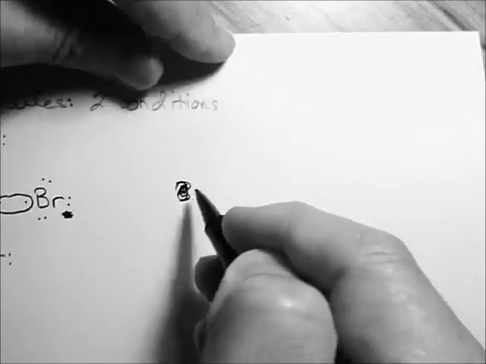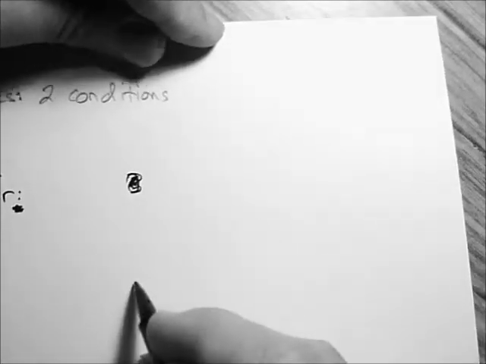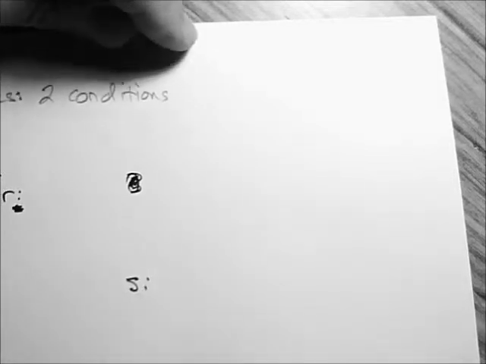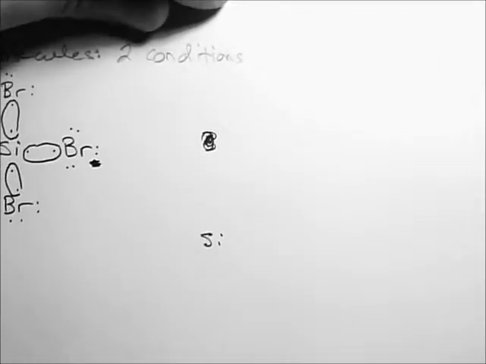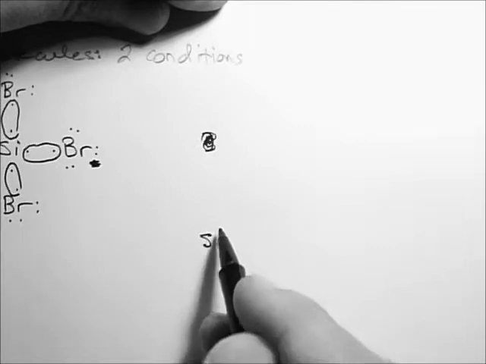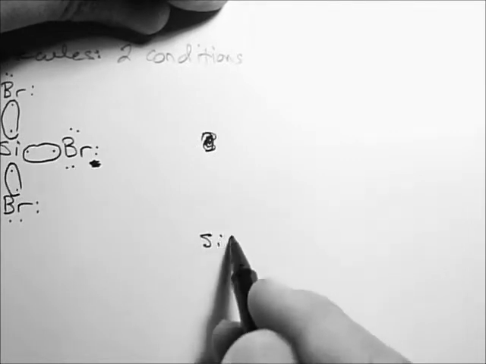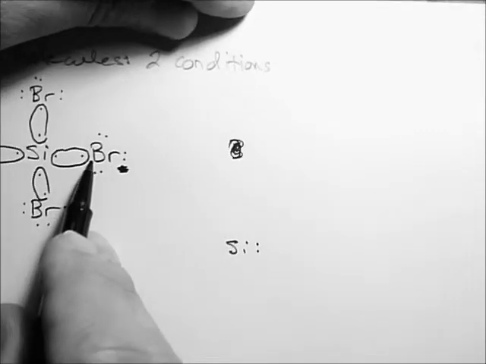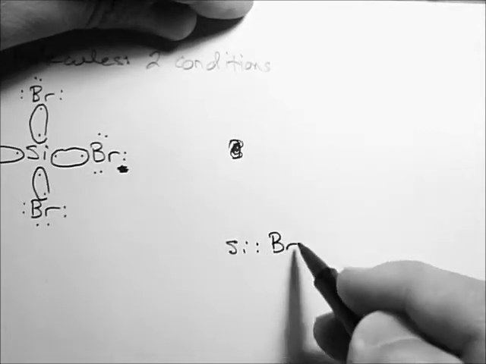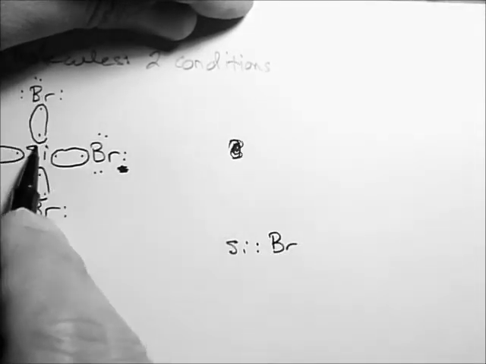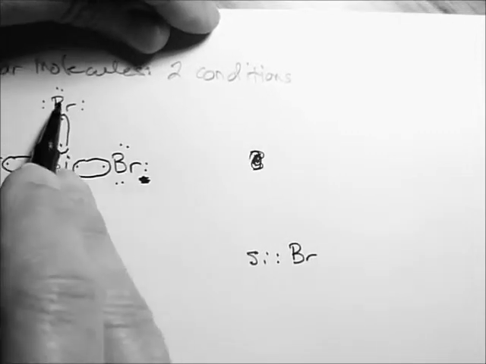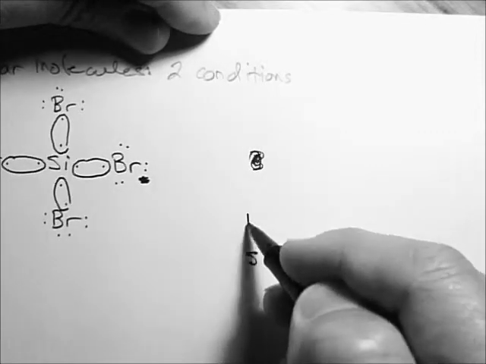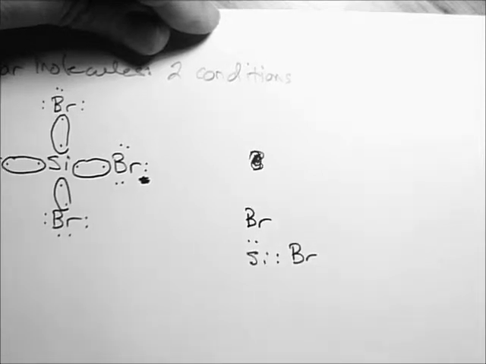Alright, so now that we've got the sharing arrangement, we can go to the Lewis dot formula. In the Lewis dot formula, forget that again, I'm not having good success here today with my pen. That's why I try to get you guys to do it in pencil. Silicon's going to have a pair of electrons shared now between silicon and bromine. So I put a bromine here. It's going to have a silicon. This silicon here is going to share 2 electrons with bromine here. So I put that on top and put the 2 electrons in between.